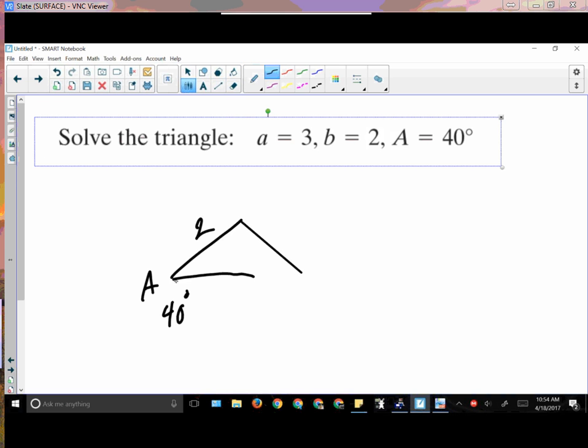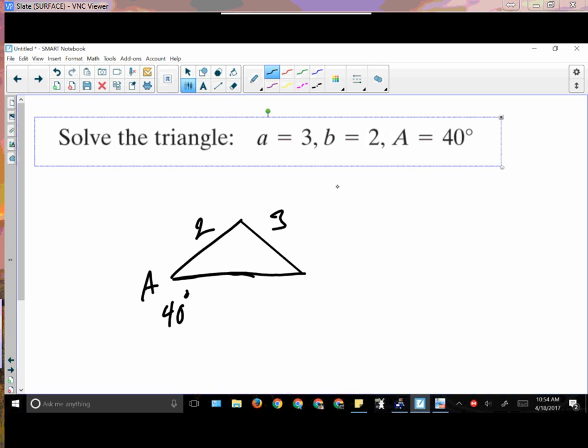So finish that off. We know that A's distance is 3. Now, do I have enough information to figure this out? Well, as long as I've got an angle and I know the side opposite it, I'm okay.